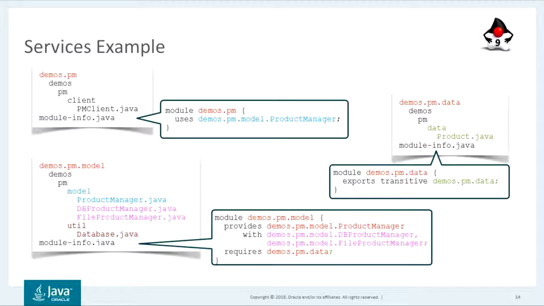By the way, here's another example of a transitive dependency. We factored out in this example the product class, which represents data probably managed by product manager, into a separate module. Since we make a transitive export, that means that any other module that uses the module that contains product manager would be able to access the module that contains your data, without the front-end client having to list it explicitly.